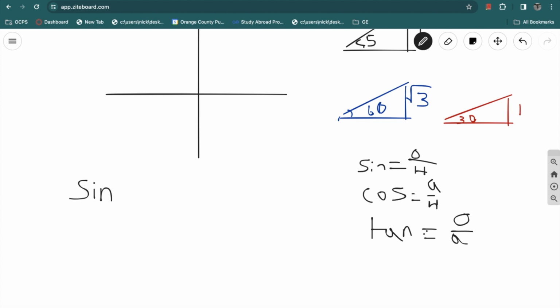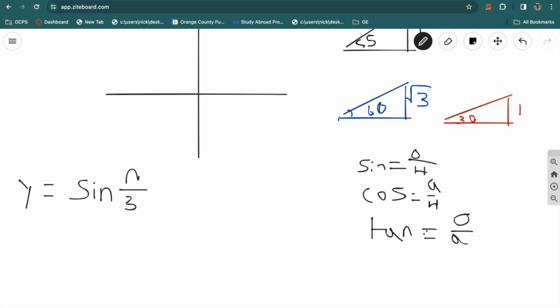Now there's two types of problems, of course. There's one where you have to find the y value of, let's see here, y equals sine pi over 3. So you have to find the y value, right?